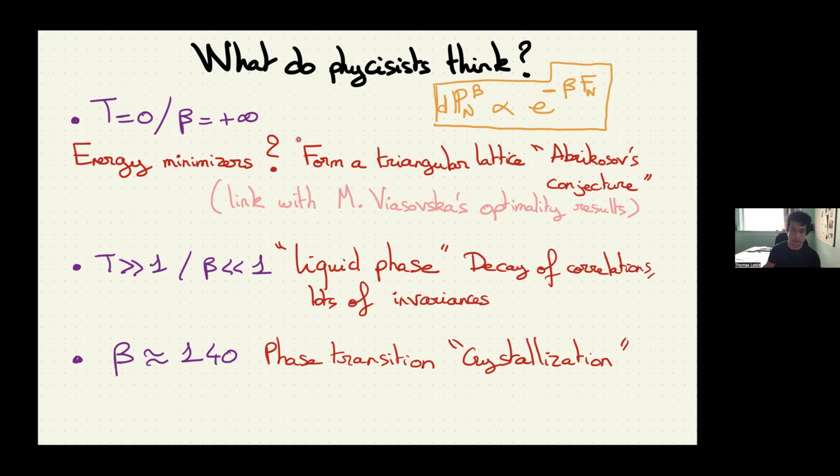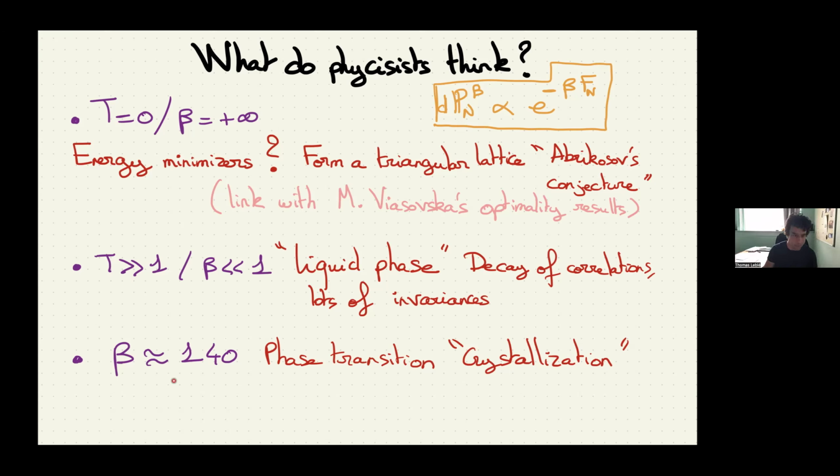So the beta equals plus infinity situation is conjectured to be a lattice, but we don't know how to prove it. And then on the other end of the range of parameters, when beta is very small, the physicists think there's a liquid phase. What that means is the correlations decay fast. You have lots of invariances, translation, maybe rotations.